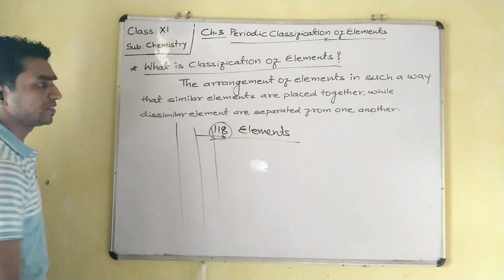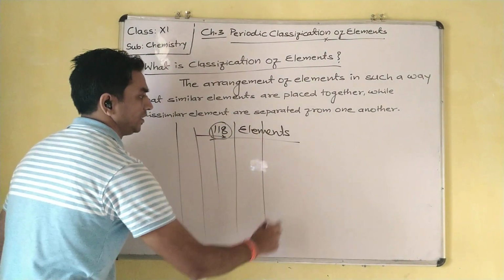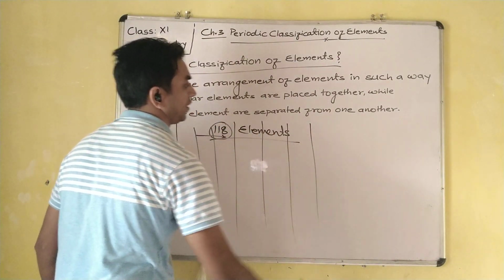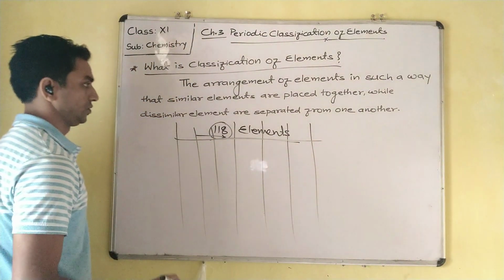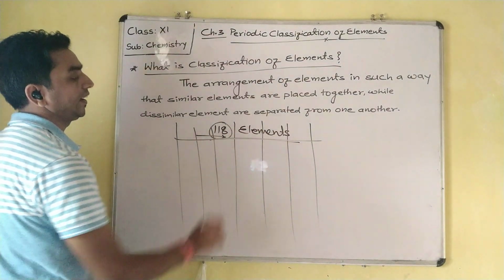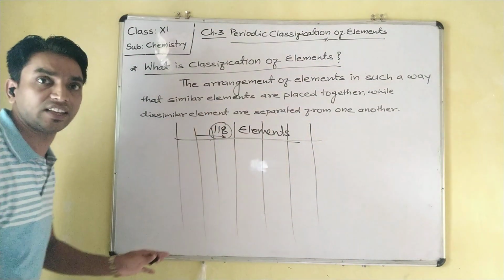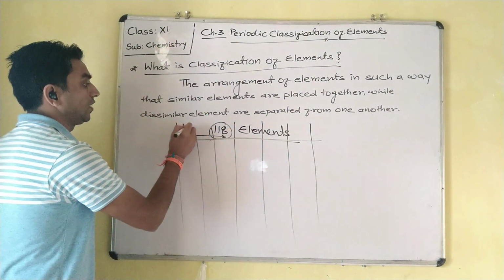Vertical column means top to bottom. This vertical column is known as a group.